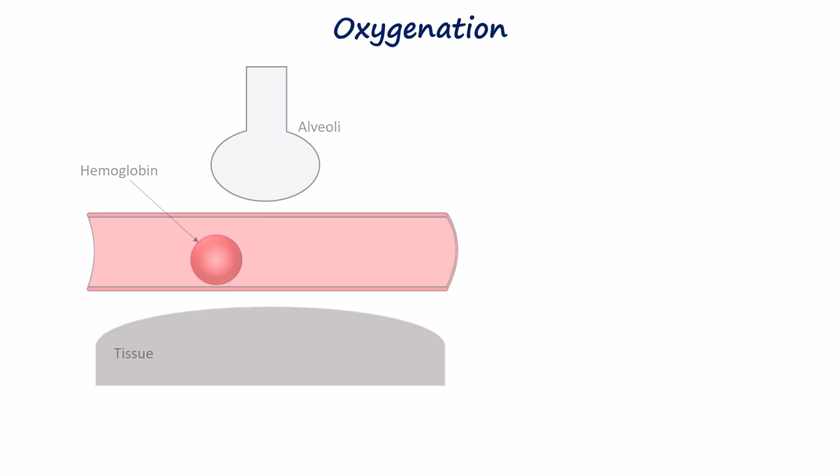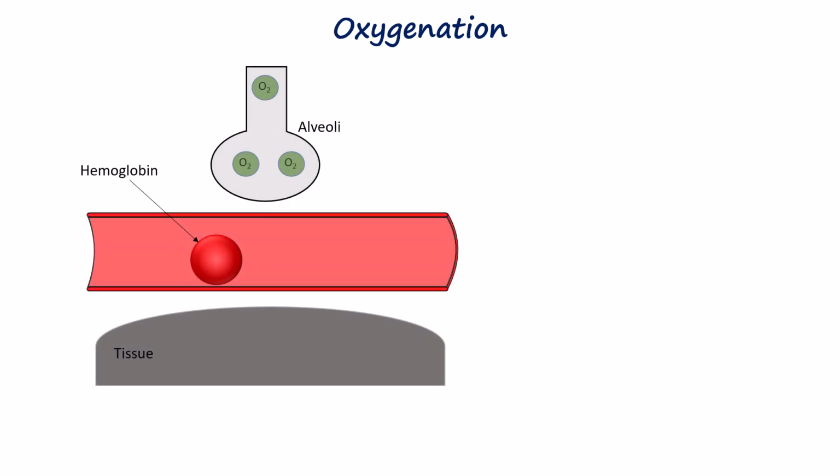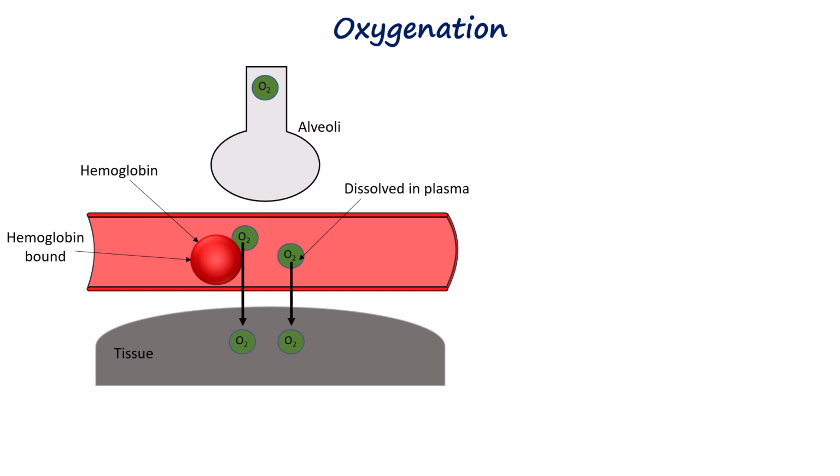Oxygenation is the process of delivering oxygen to the body's tissues, beginning with pulmonary gas exchange where oxygen moves from the lungs into the bloodstream, either binding to hemoglobin or dissolving in plasma. This is followed by oxygen transport through circulation, and ending with tissue perfusion where oxygen is released to meet cellular energy needs.